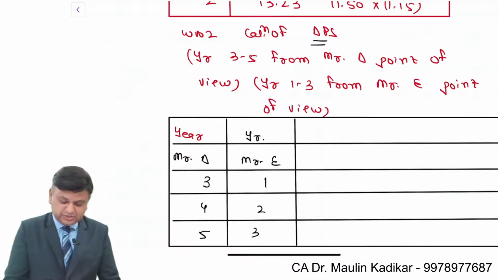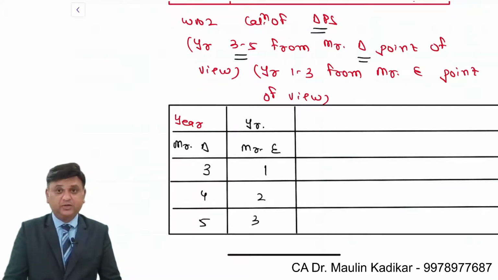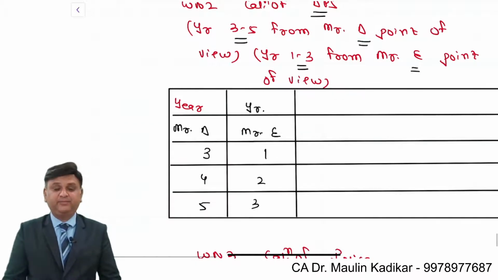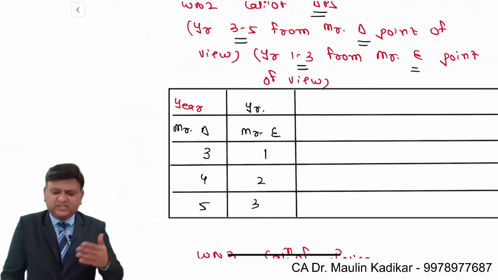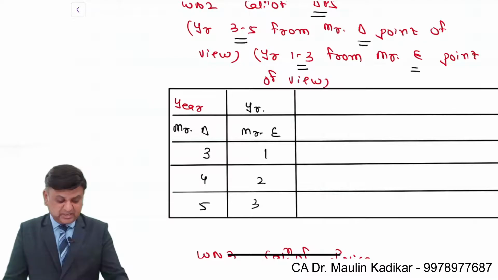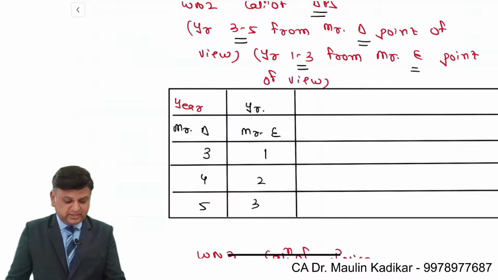Calculation of the dividend per share. Year 3 to year 5 from Mr. D point of view, and year 1 to year 3 from Mr. E point of view. What is the amount of dividend, friends? It has already been found by us. Let me explain, do not write anything.